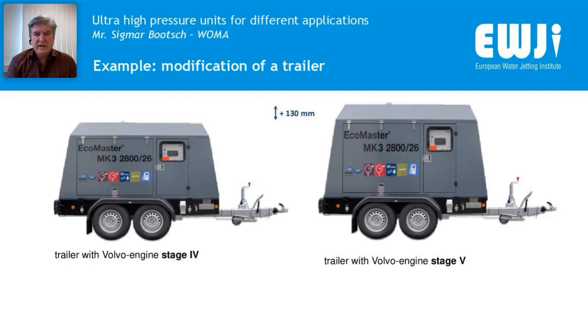And another important thing is the total height of the trailer. In some applications, the access to the job site is limited. So think about car parks, for example. Additionally, the weight of the trailer increased about 90 kilogram.